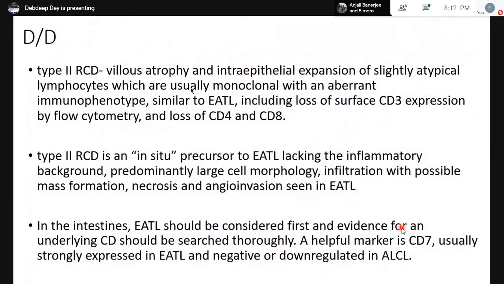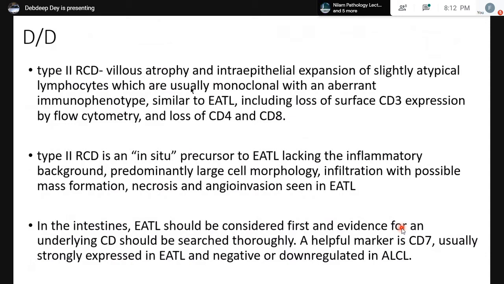Now, type 2 refractory celiac disease is a DD of this EATL. It presents with villus atrophy and intraepithelial expansion of slightly atypical lymphocytes, which are usually monoclonal with an aberrant immunophenotype.